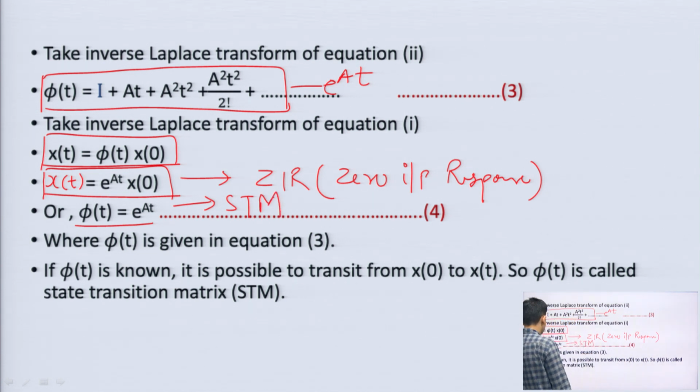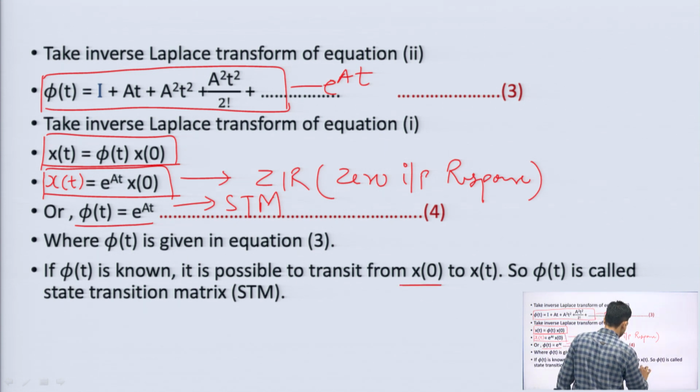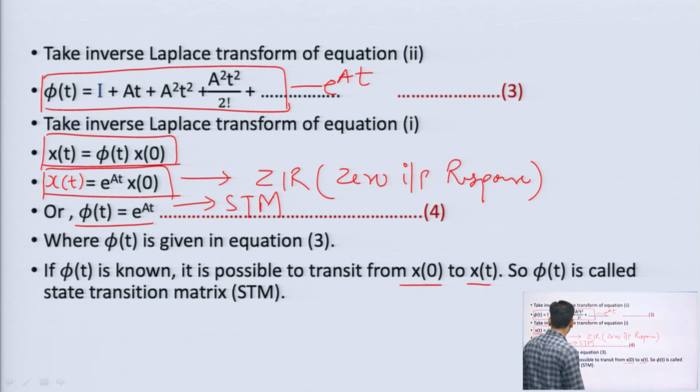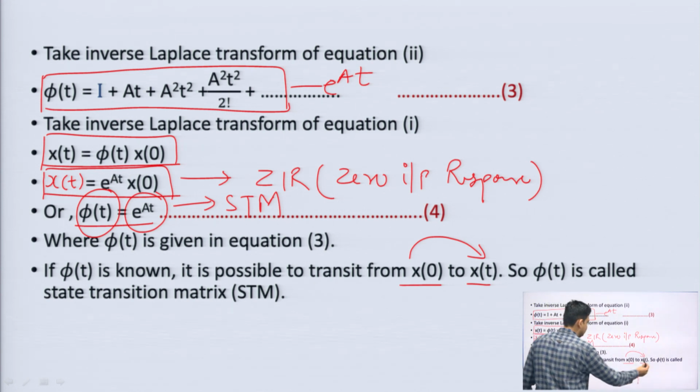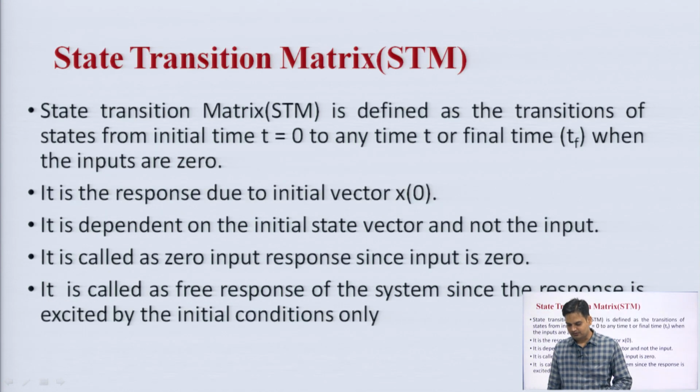Basically, phi(t) tells you the transition from state x(0) to x(t). It means how the state is varying from the initial state x(0) to the final state x(t). It is explained by this term phi(t), which is equivalent to e to the power A t. That is why it is called the state transition matrix, which tells you how the state is varying for different instants of time. This is about the state transition matrix.